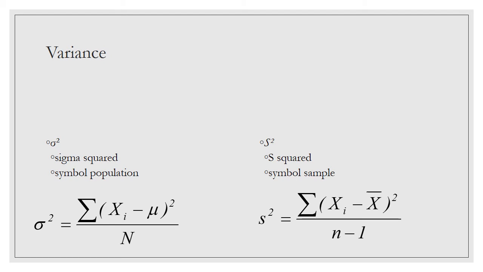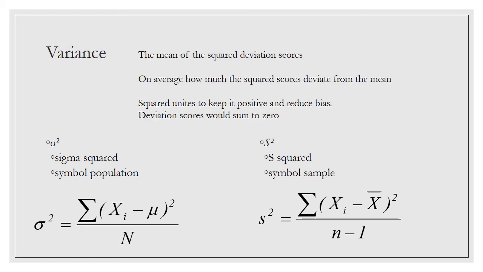I'm going to deconstruct these equations for you to give you some words around these equations. We have the mean of the squared deviation scores. The numerator is squared deviation score. The denominator is either the population size or the sample size.